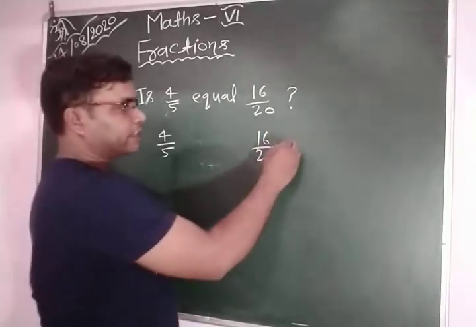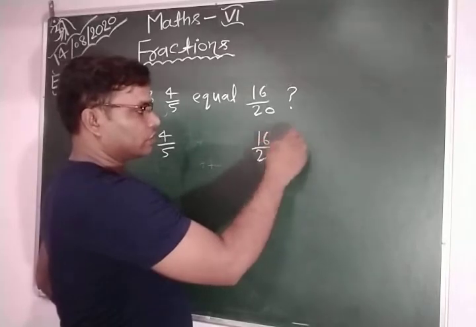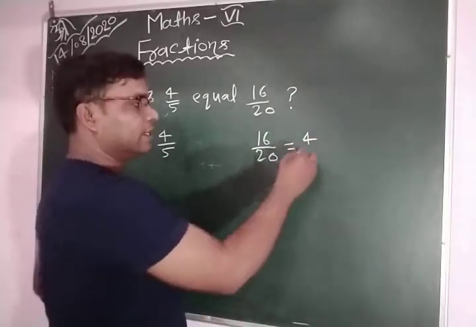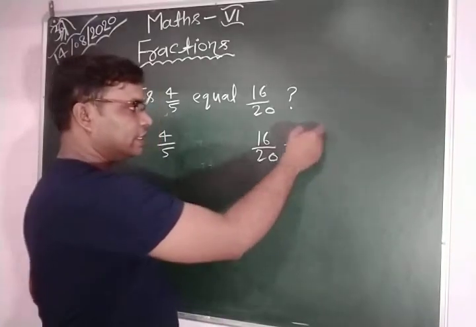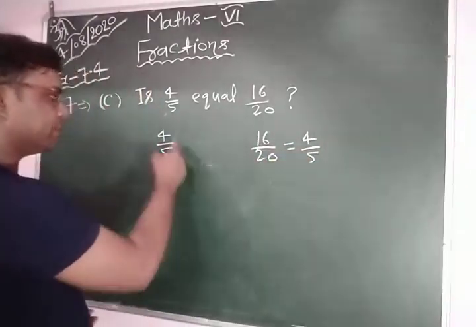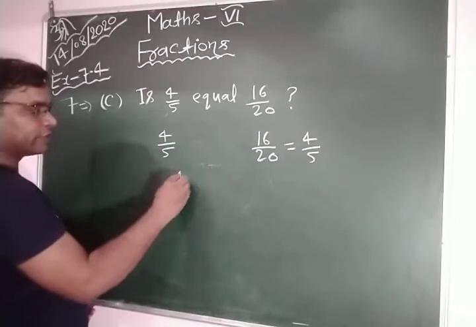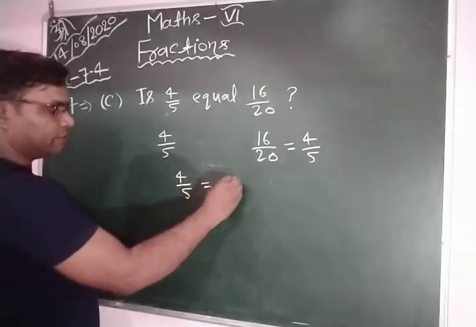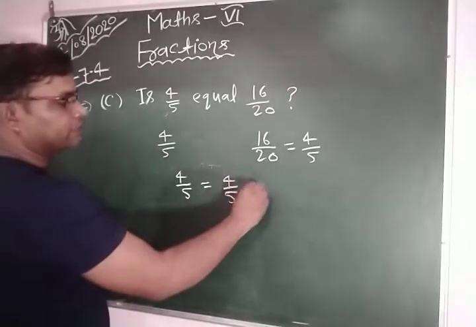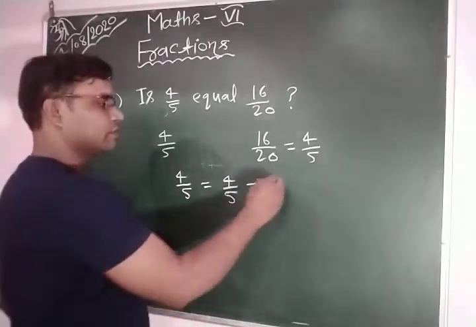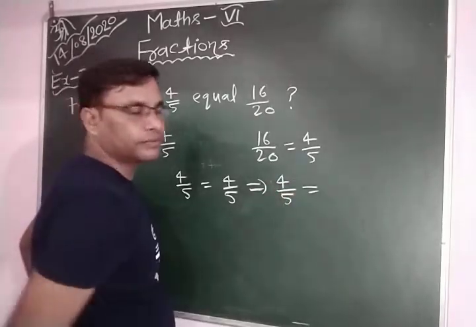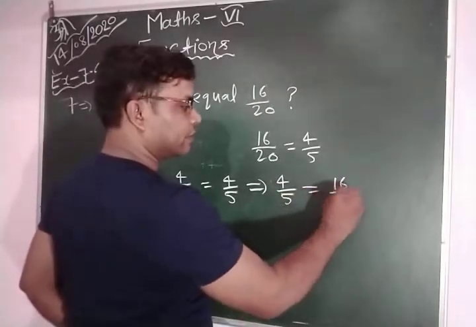If you simplify 16 by 20, 4 fours are 16 and 4 fives are 20. You can see this is 4 by 5, which means you can write 4 by 5 is equal to 4 by 5, or this implies that 4 by 5 is equal to 16 by 20.